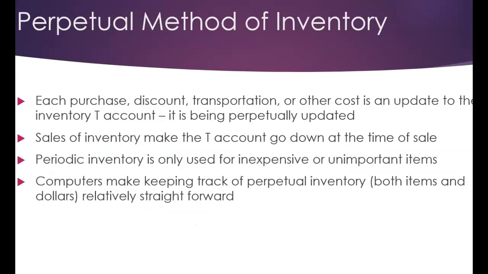Perpetual method of inventory. For the Walmarts and the Targets of the world, the perpetual inventory method is a constant reshuffling and recomputing of the ending inventory. As inventory is purchased, you update your ending inventory balances. As assets are sold or removed, maybe due to obsolescence, theft or shrinkage, the ending inventory is updated. It's perpetually updating the ending inventory balances, and it's a very reliable way of doing it.